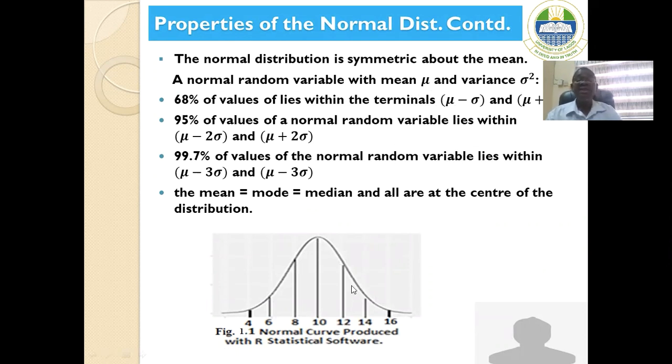Now, look at this curve here. The mean is at 10, at the center of the distribution. Now, that's the mean. What do we know about the variance? From here to here gives us one standard deviation, which is 10 added to 2.